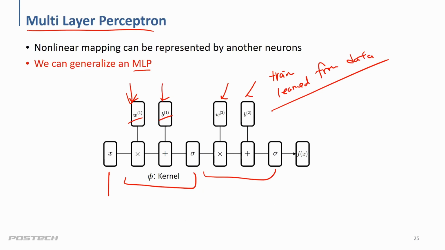So instead of the user defining what kind of kernel is good for these problems, the user does nothing, and we ask the neural net or multi-layer perceptron to learn both the kernel functions and the linear classifiers at the same time from the data set.